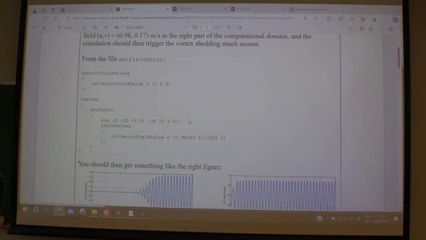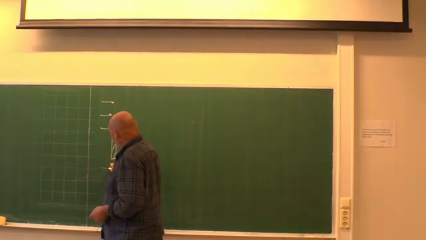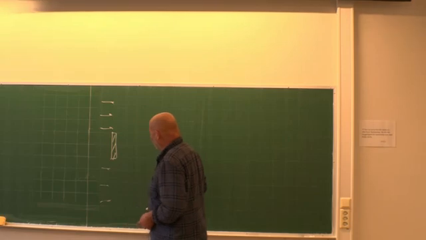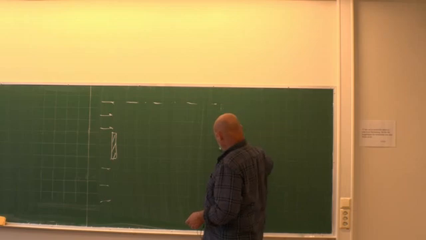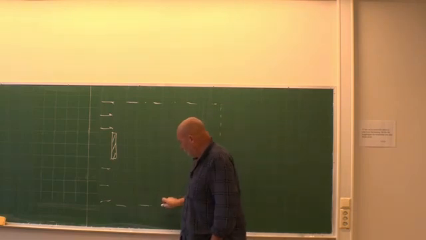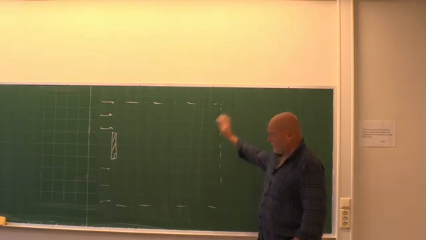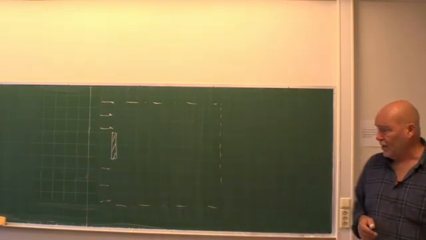Now for the setup that I have here, it looked something like this: symmetry line, outlet, and then a symmetry line. So yes, I just chose the entire domain.